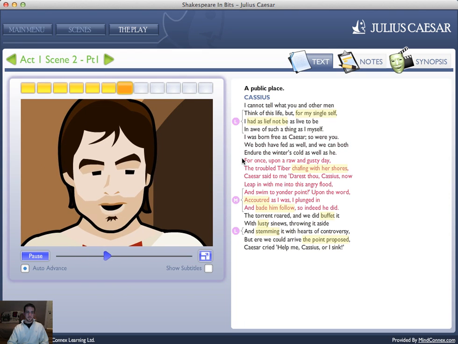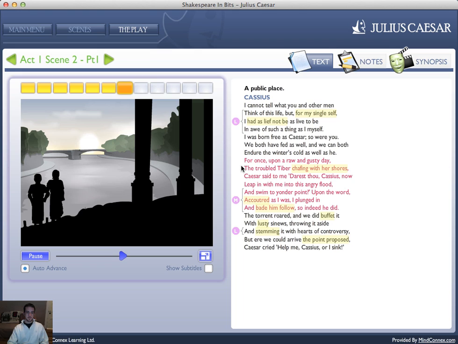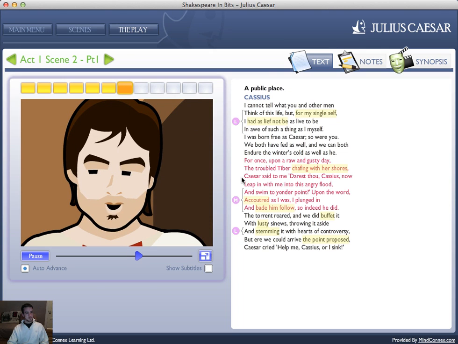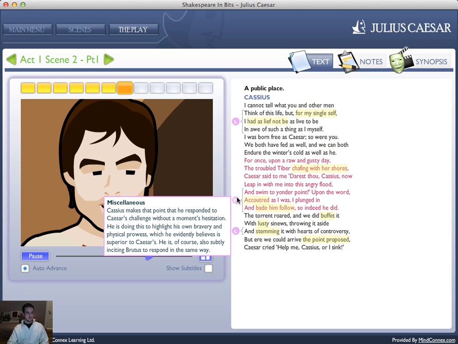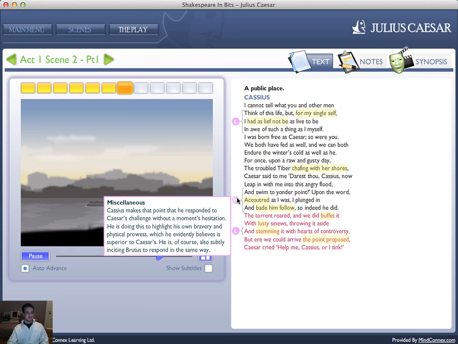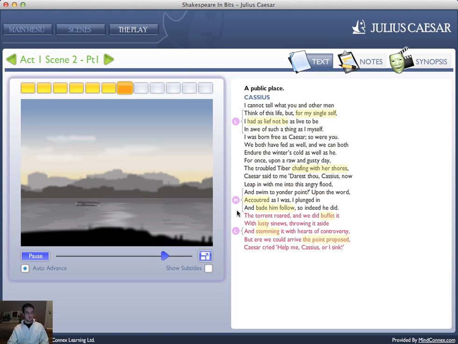For once, upon a raw and gusty day, the troubled Tiber chafing with her shores, Caesar said to me, "Darest thou, Cassius, now leap in with me into this angry flood and swim to yonder point?" Upon the word, accoutred as I was, I plunged in and bade him follow. So indeed he did. The torrent roared, and we did buffet it with lusty sinews, throwing it aside and stemming it with hearts of controversy.